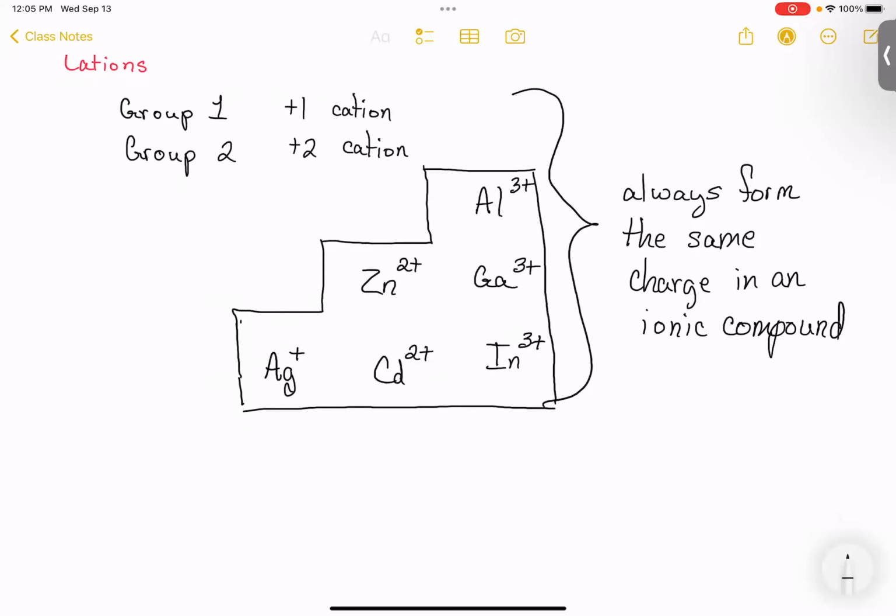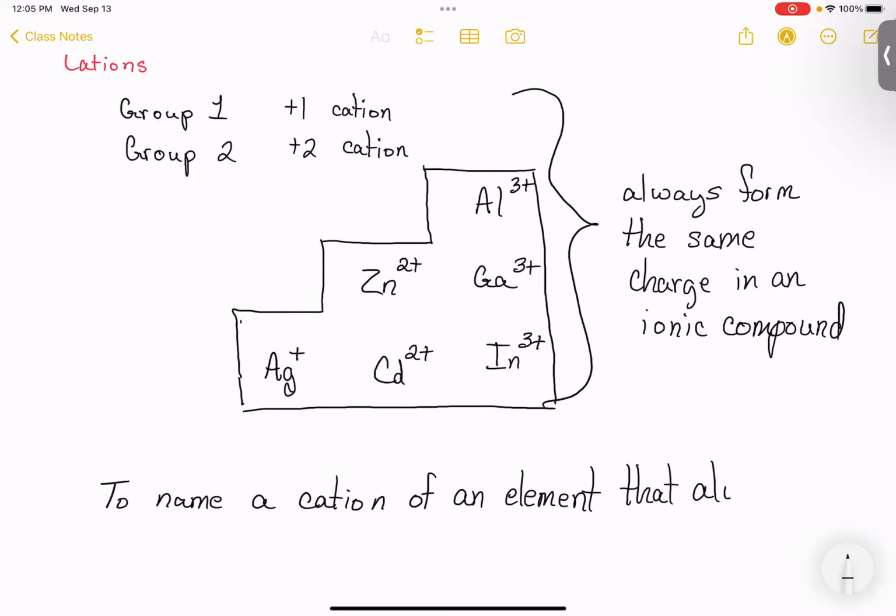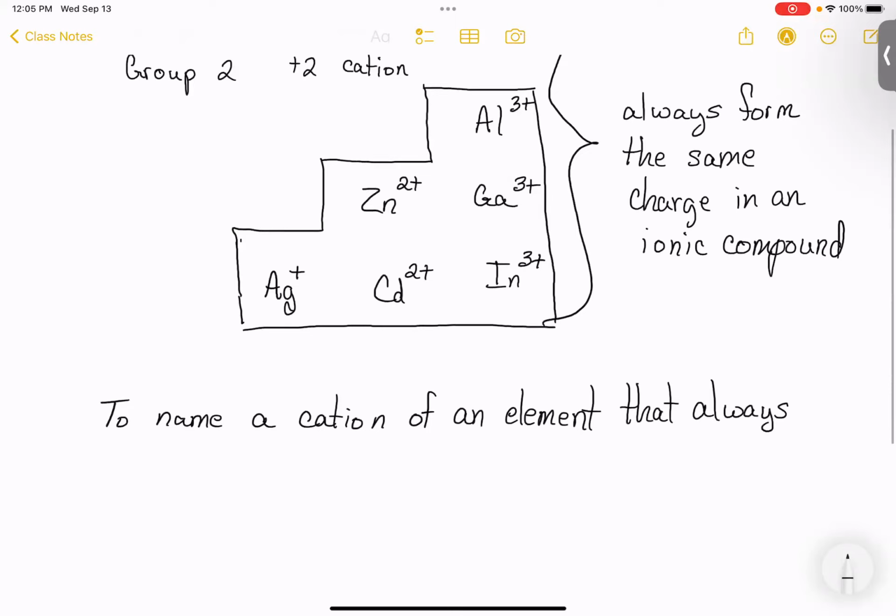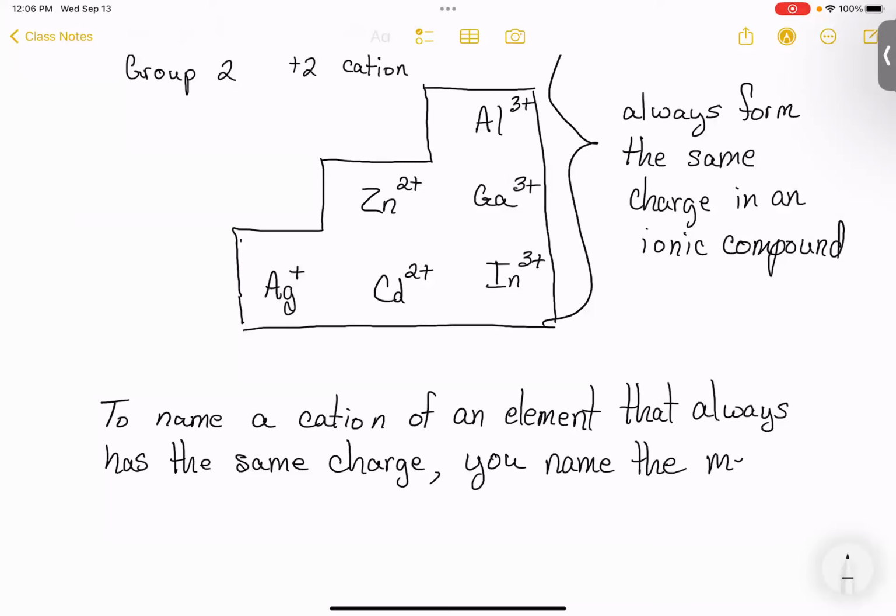Because to name a cation of an element that always has the same charge, you name the metal, followed by the word ion.